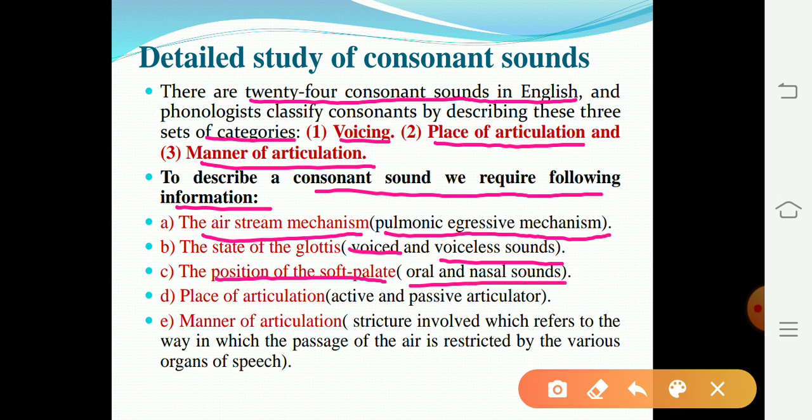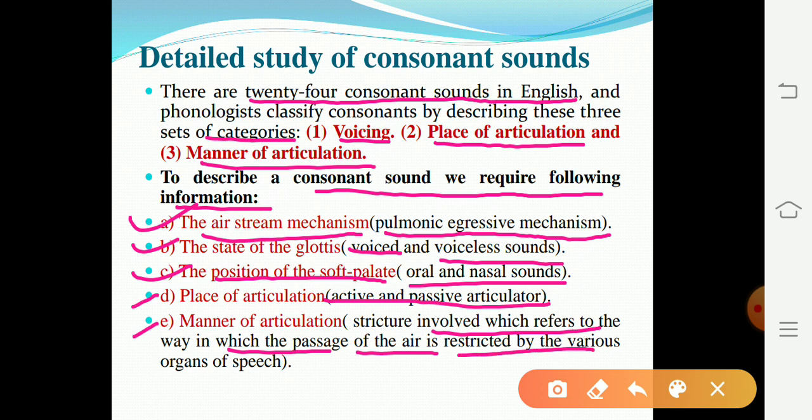These three things, A, B and C, I have discussed in my previous videos. Now I am going to discuss two important things: place of articulation, that is the use of active and passive articulators, and the manner of articulation, that is the stricture involved, which refers to the way in which the passage of air is restricted by various organs of speech.